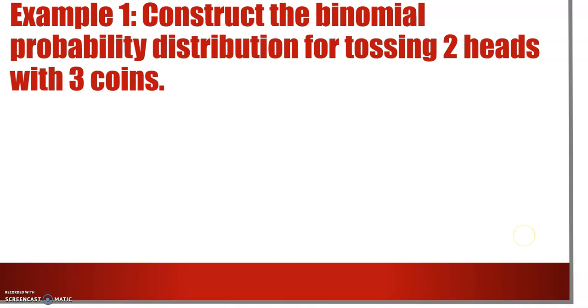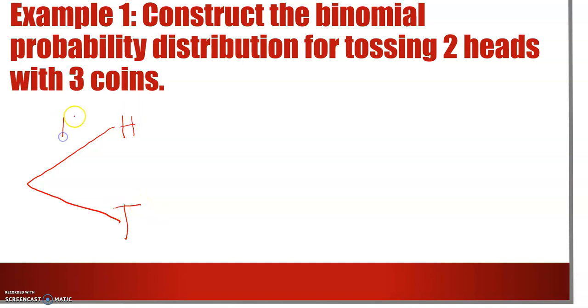Example 1. Construct the binomial probability distribution for tossing 2 heads with 3 coins. We're going to go ahead and draw the tree diagram that goes with this. When we flip our first coin, our options are heads and tails.